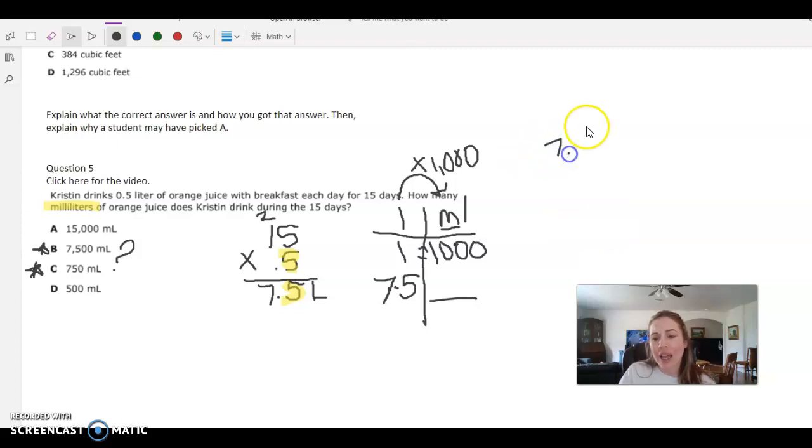I could go ahead and try and do this, but I could just say, what's 1,000 times 7? Because that's what it's going to be closest to. 1,000 times 7 is 7,000. And so my only real answer choice I have is 7,500.